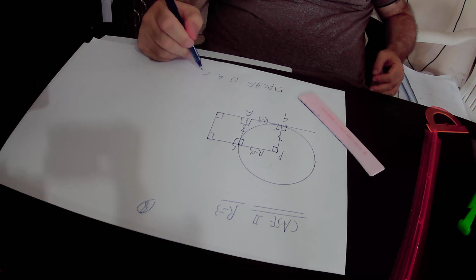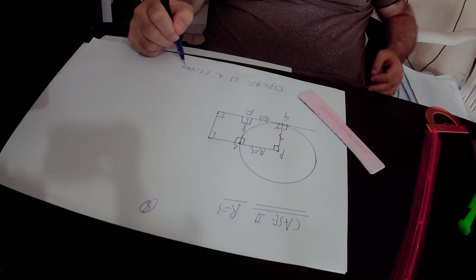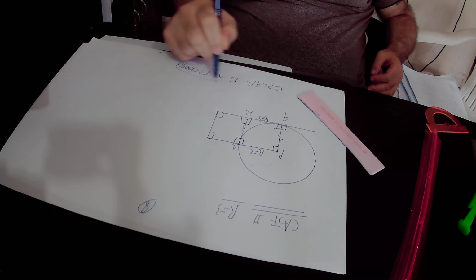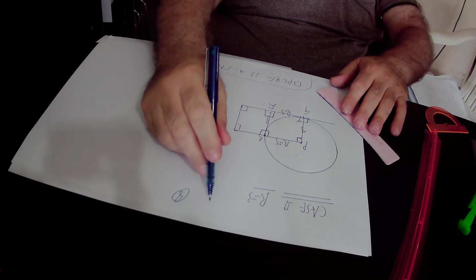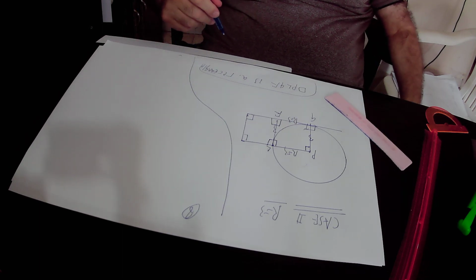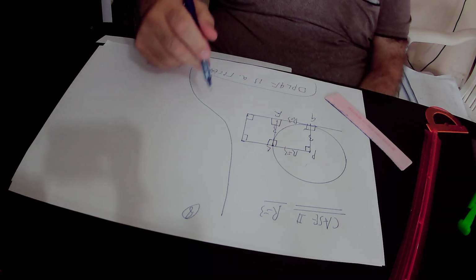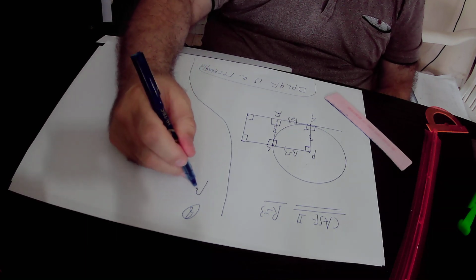As we know, the opposite sides of a rectangle are equal to each other. So in rectangle PLQF, side PL must be equal to side QF.